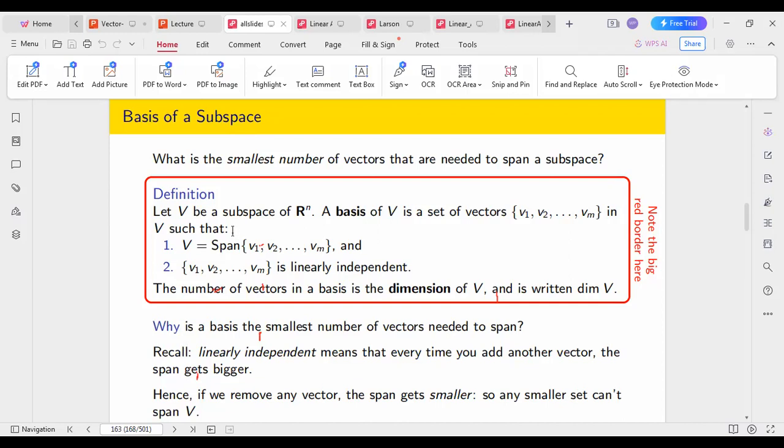So if a set satisfies these two conditions, it is called a basis. The number of vectors in a basis is the dimension of B and is written as dim B. So why is a basis the smallest number of vectors needed to span?